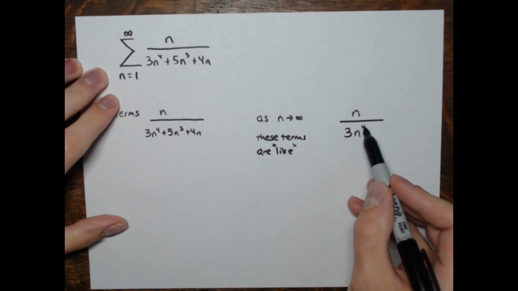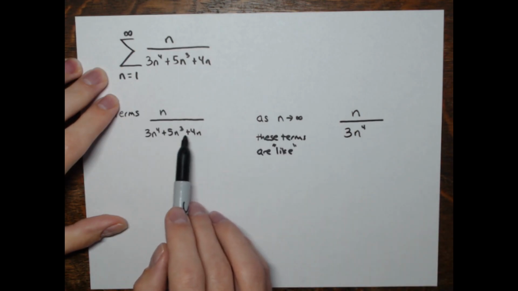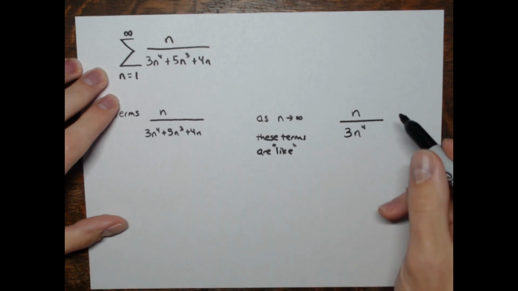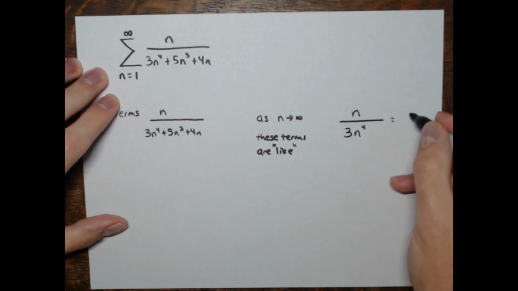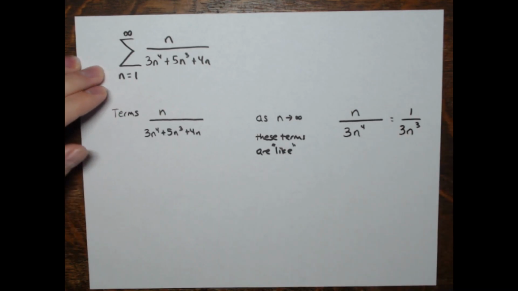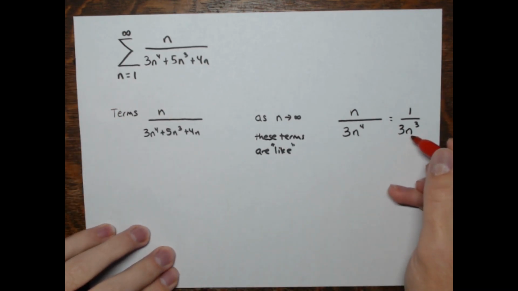So eventually, the 3n to the fourth power is so much bigger that the other terms are practically nothing. Not a very technical way of doing this, but you just look at lead terms of polynomials when you're discussing what happens as the input gets larger. And this reduces to 1 over 3n cubed. So that would be a good thing to make a comparison to.